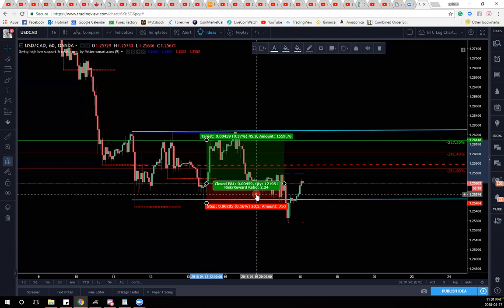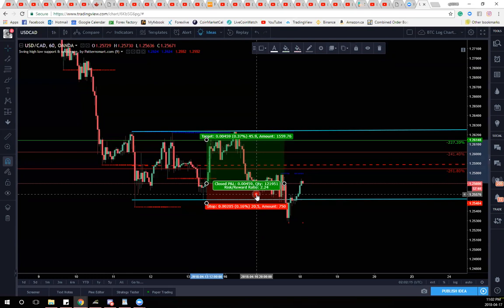Exactly. If you take a 1-to-1, you need to be 50% right all the time just to break even. That's not even making money. If you take a 2-to-1, you could be right 33% of the time and you'll still break even. So you want to take trades that give you that edge, that you don't have to be right all the time.